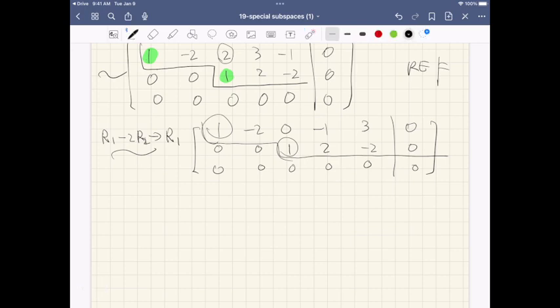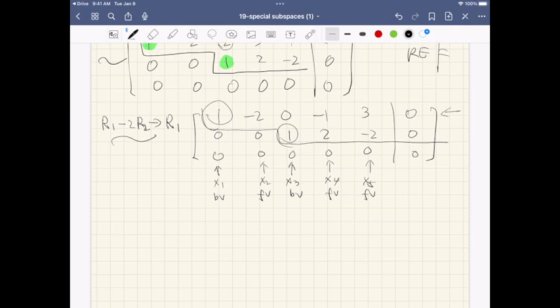Now, what is PVF? So we write the vector form. We know that this is x1, x2, x3, x4, x5. And we solve for basic variables. Those are basic variables, and the other things are free variables. So free variables go to the other side.